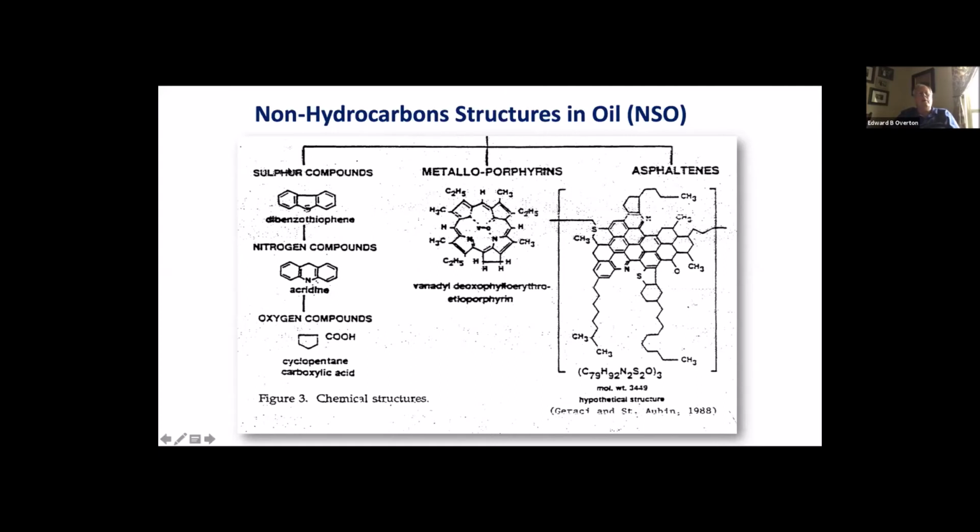In addition to the straight chain saturates, the aromatics, the NSO compounds, you also have a remnant of the chlorophyll. These are called metalloporphins. And generally in oil, there are trace metals, and some of the trace metals are chelated in these metalloporphin structures. And in addition to that, you have some very large molecules, up to 100 carbon atoms, that are known as asphaltenes.